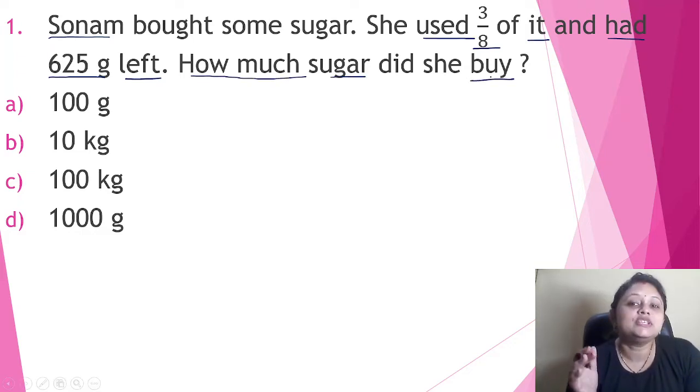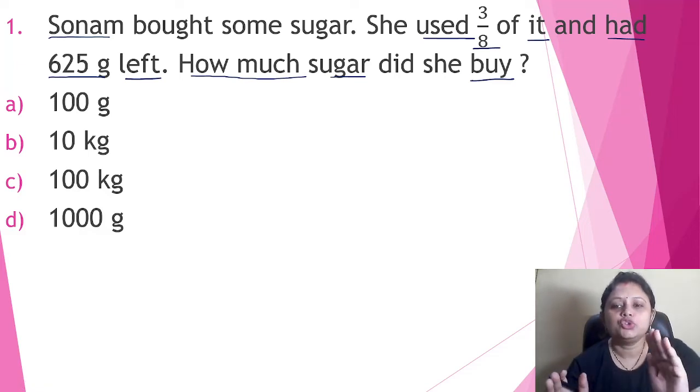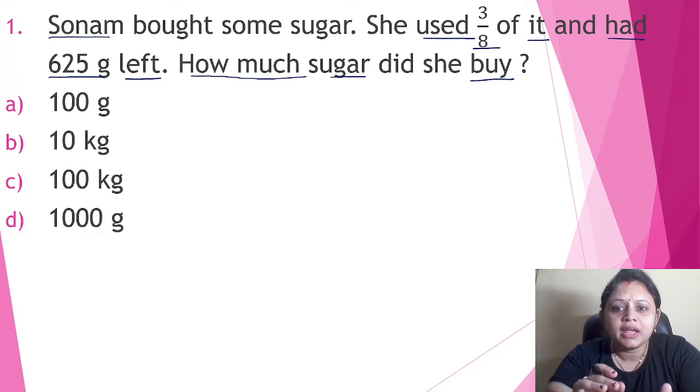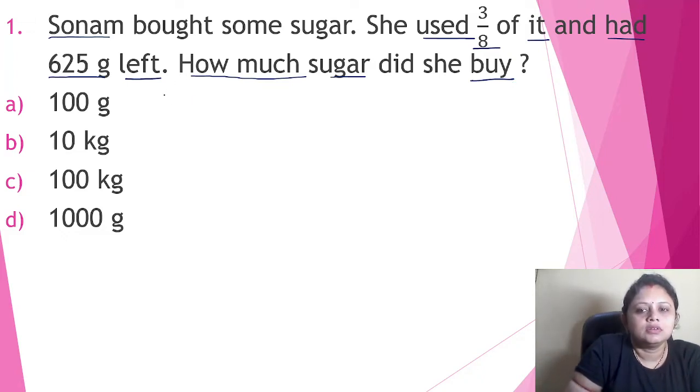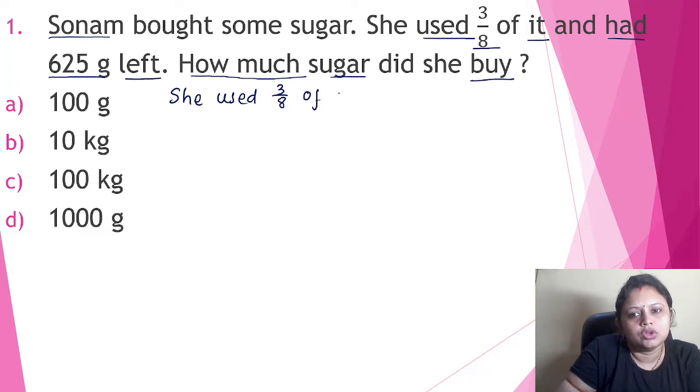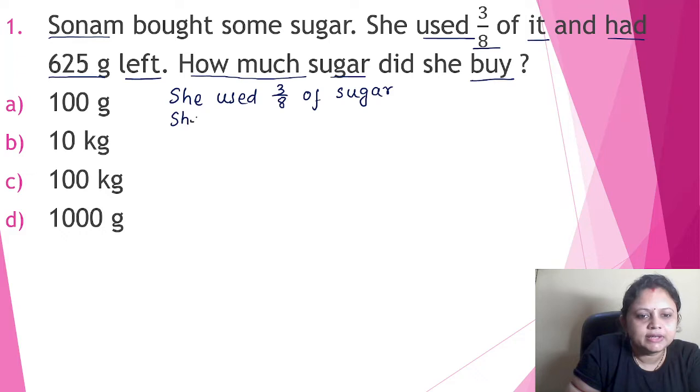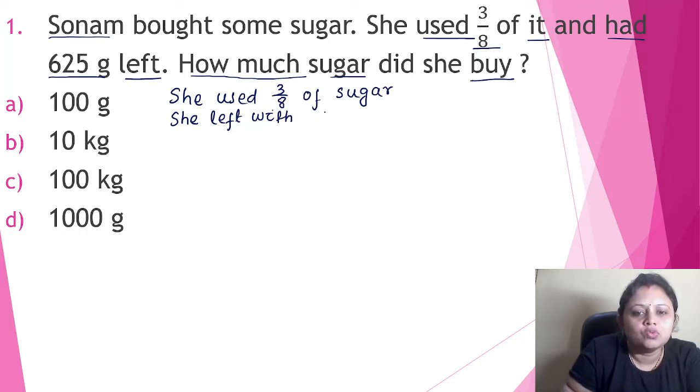So Sonam has used 3 by 8 of it. As a whole we take 1, and Sonam has used 3 by 8 of it. So she will be left with what amount? She used 3 by 8 of sugar, so she is left with 1 minus 3 by 8 of the sugar.